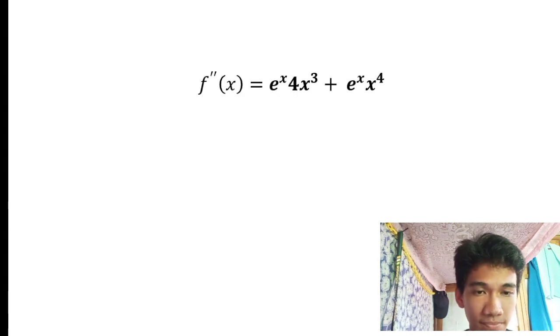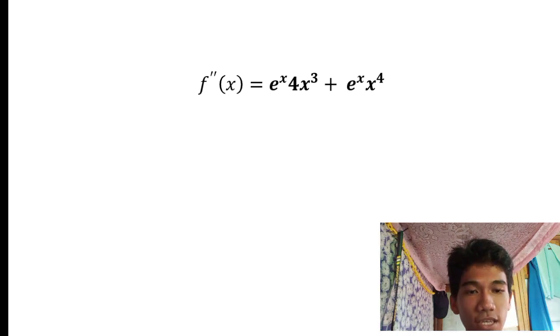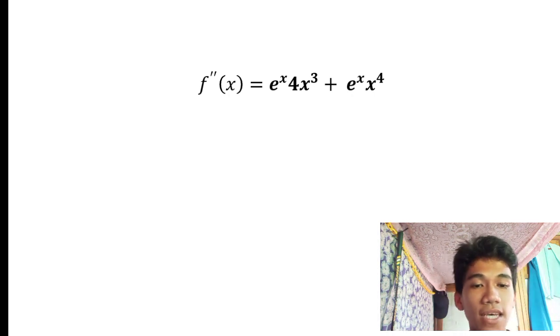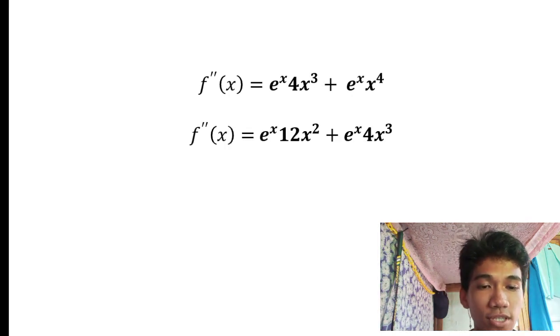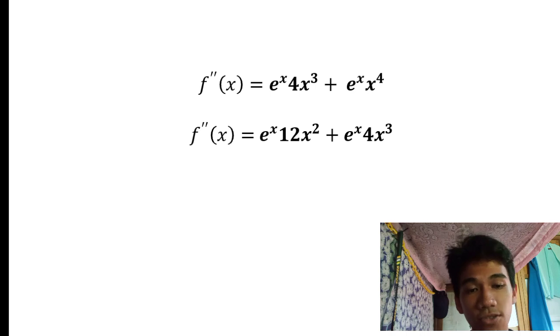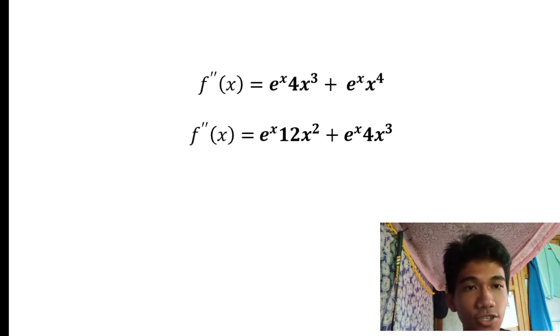After that, we have found the two derivatives in the first derivative, so what's left is to copy and substitute them into the derivative. The derivative of e raised to x 4x cubed is equal to e raised to x 12x squared plus e raised to x 4x cubed.